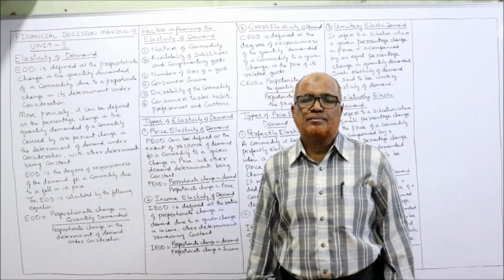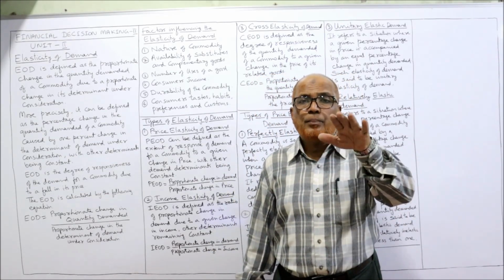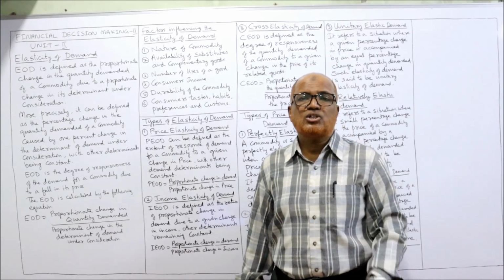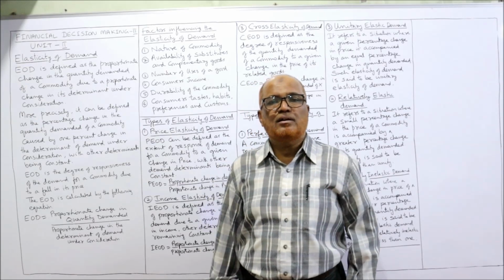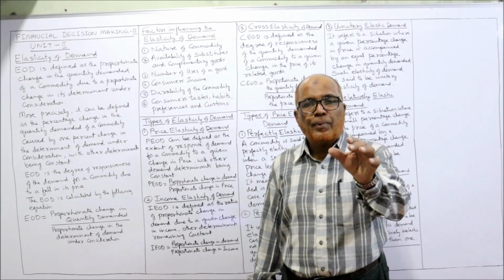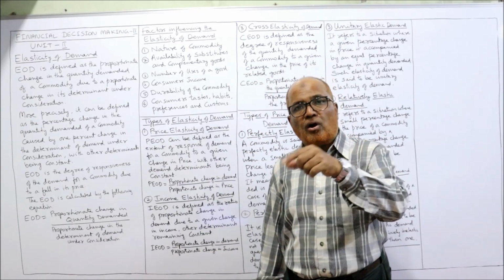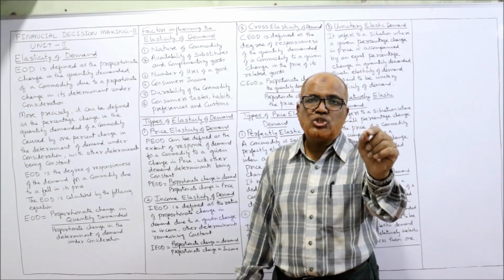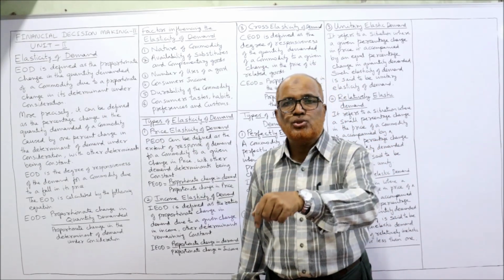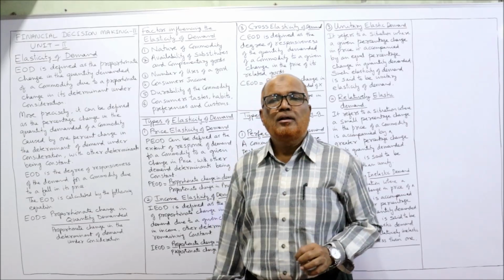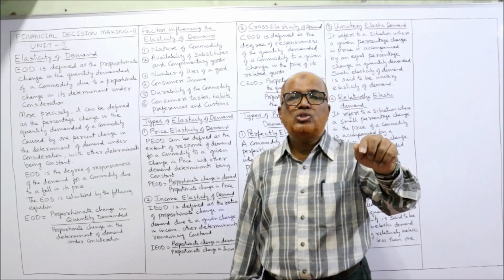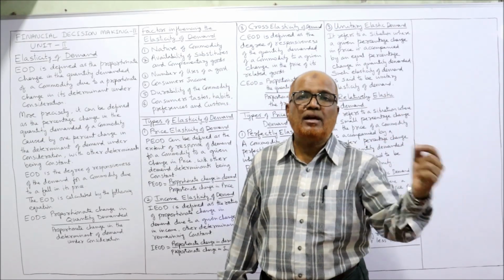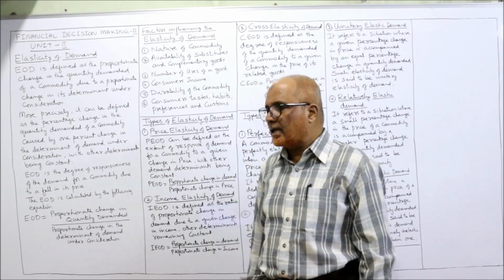In case of cars, suppose the prices of cars have been slashed down, definitely the demand for cars will increase, because price is a determinant of demand. When there is a change in price, it leads to a change in demand. So the responsiveness in demand due to a change in the determinant of the demand, that is called elasticity.